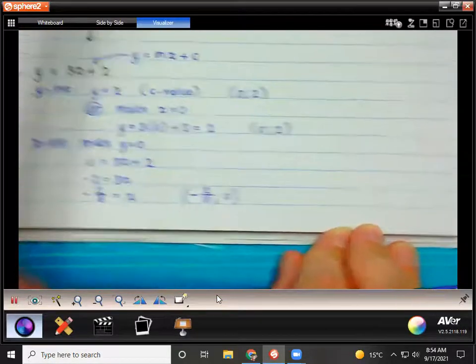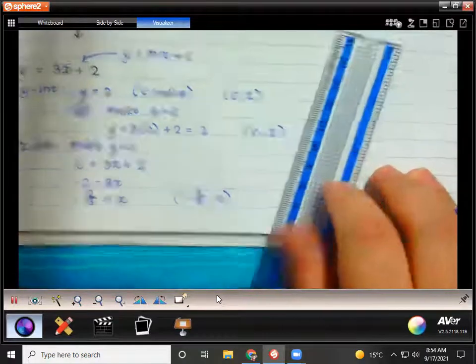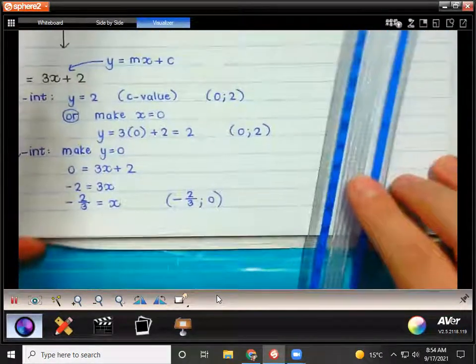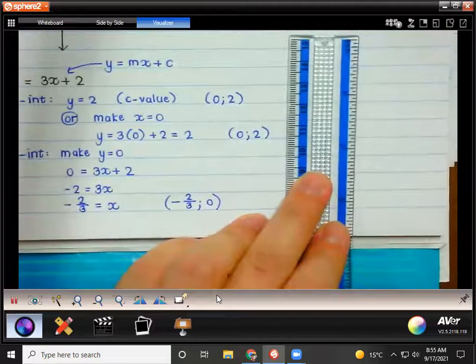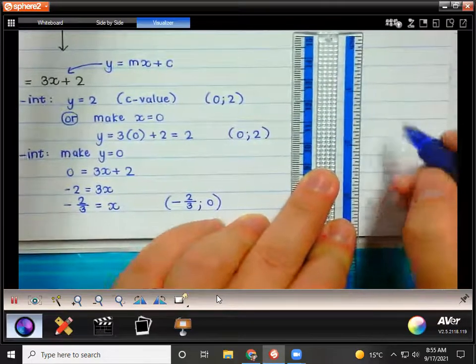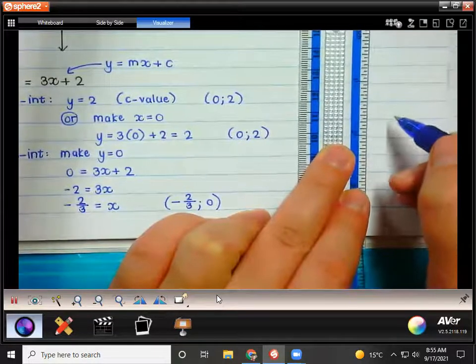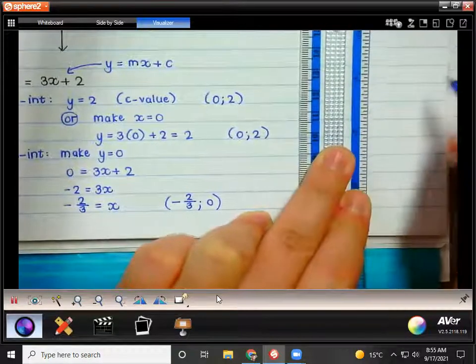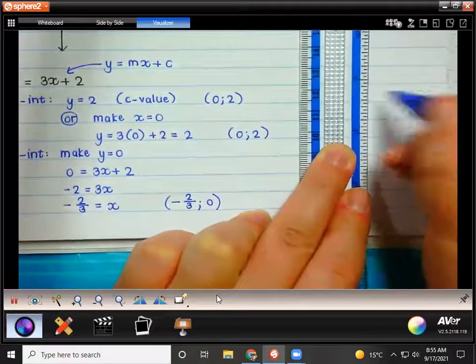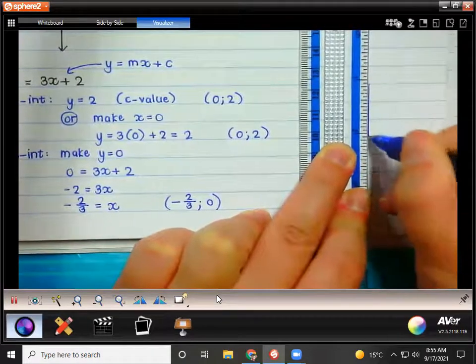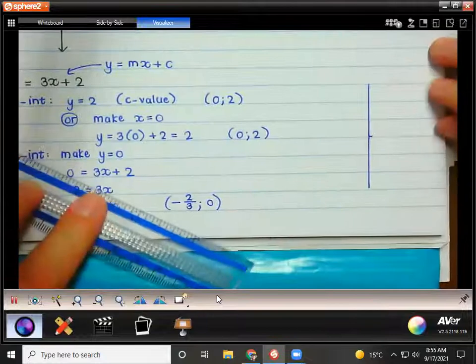We're going to draw a small Cartesian plane here. If you have enough space, you can squeeze it in. Otherwise, you might have to do it underneath. Let me just check here. Our y value here is 2, so it does have to go up to 3, so I'm going to do 3 and 3, just like that.